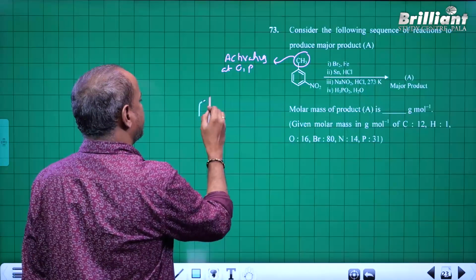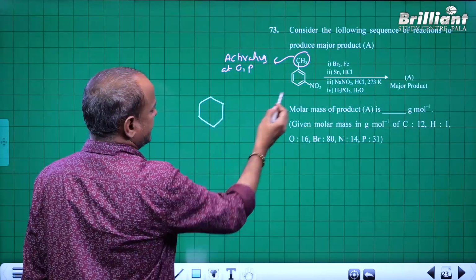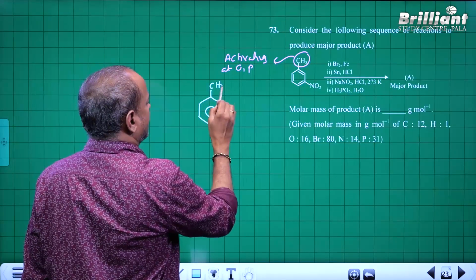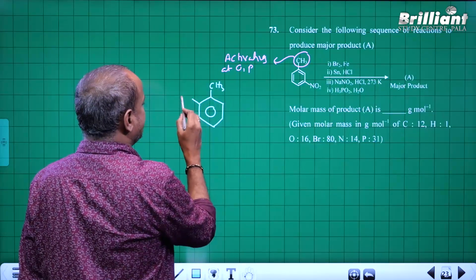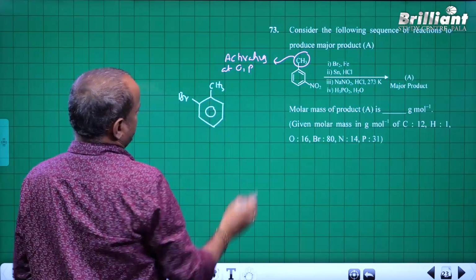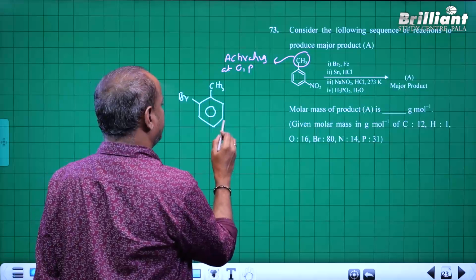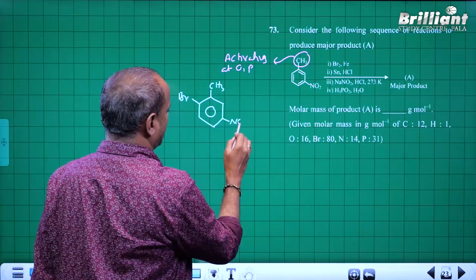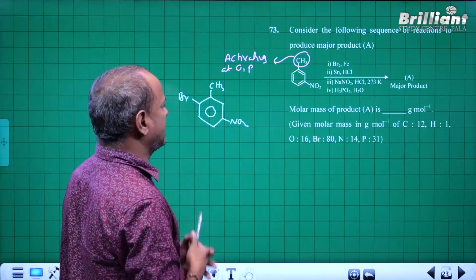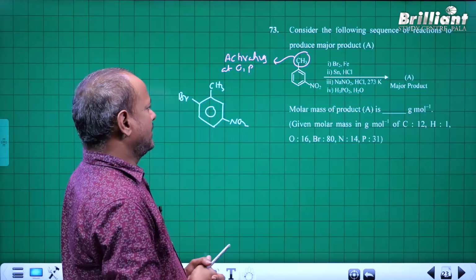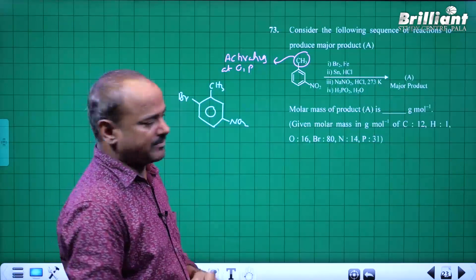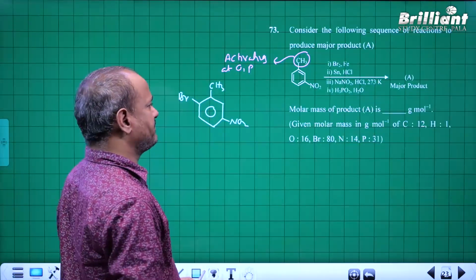We can take the better ortho position because NO2 has a strong withdrawing effect. As distance increases, the withdrawing effect decreases. Therefore, here is the better one. Here also possible, para also possible, but this is the major amount slightly. But the answer is the same only. You can take any one because we want only the mass of the compound. Maybe bromine here or here, isomeric form.